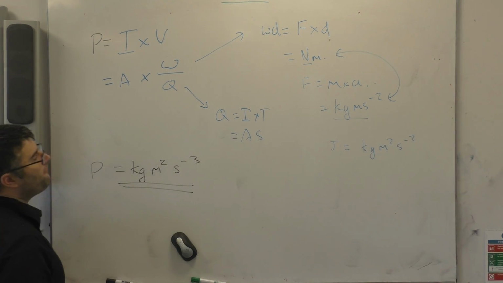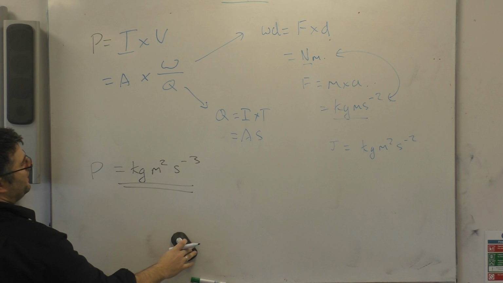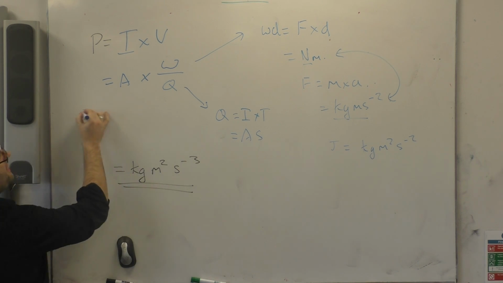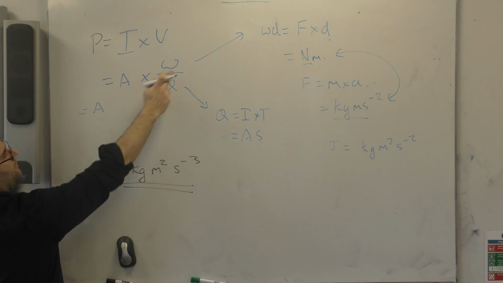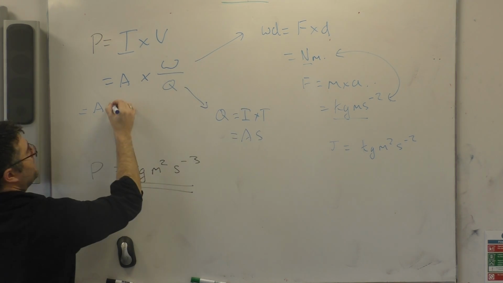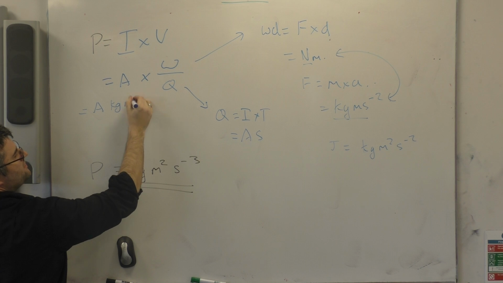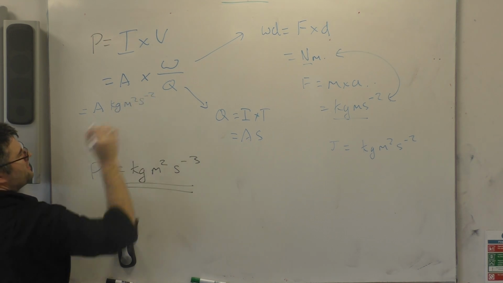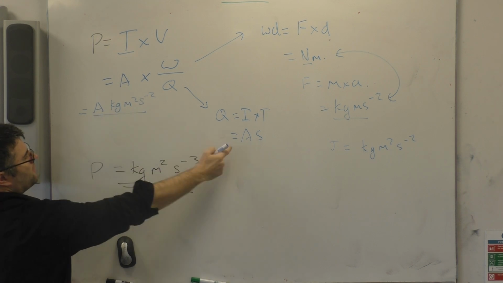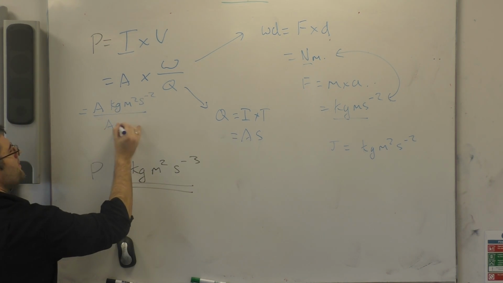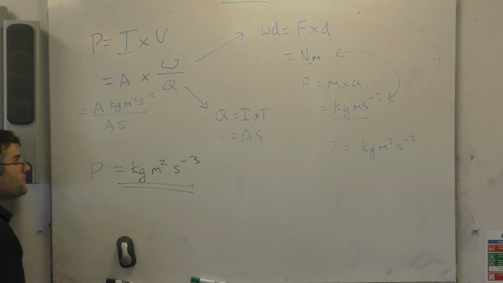So then let's combine everything we've seen right here. So we've ended up with amps, kilogram meters squared seconds to the minus 2. On the bottom, we've got amp seconds.